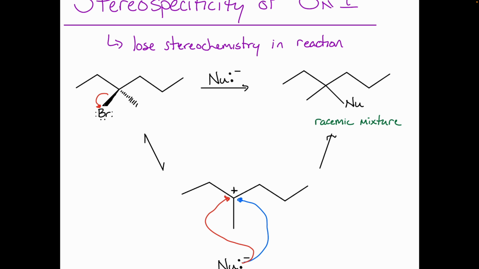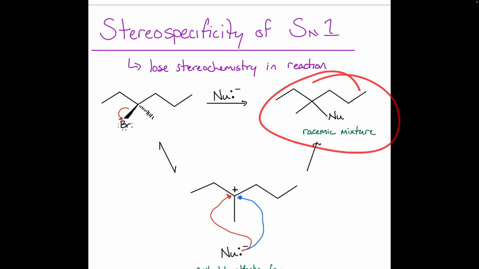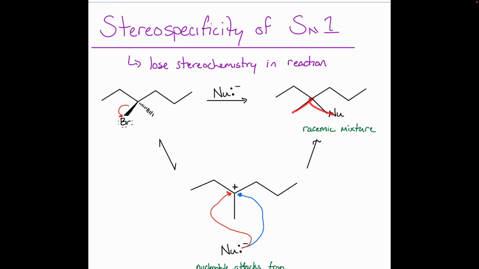Meaning that even if we started out with a stereospecific reactant, this is the S reactant here, we're going to get a racemic mixture of both possible products, which we represent with our straight line bonds.